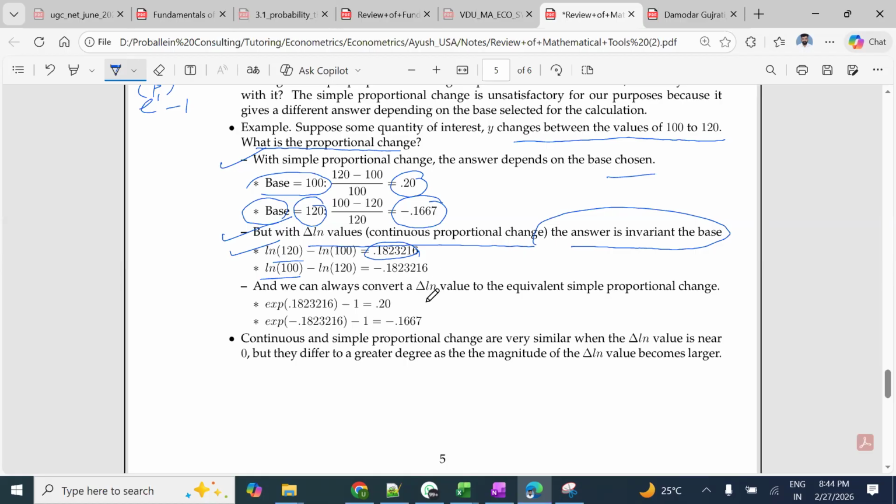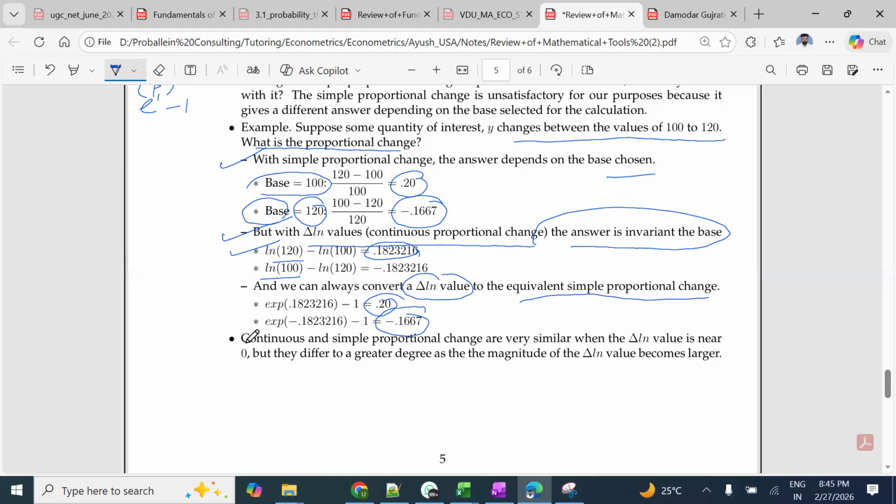Now you can always convert delta ln value to the equivalent simple proportional change. How? Because already we know 0.1823216, so e to the power 0.1823216 minus 1 will be equal to 0.20. And similarly this will be also this. Continuous and simple proportional change are very similar when the delta ln value is near 0.